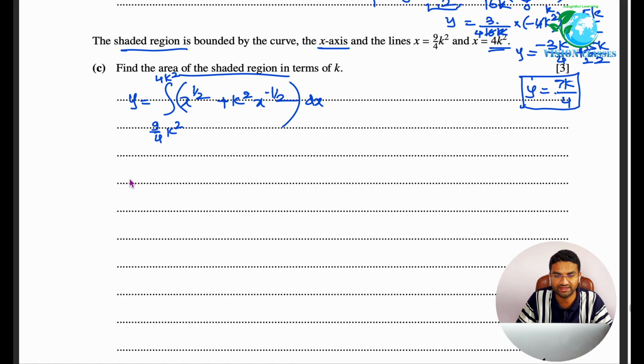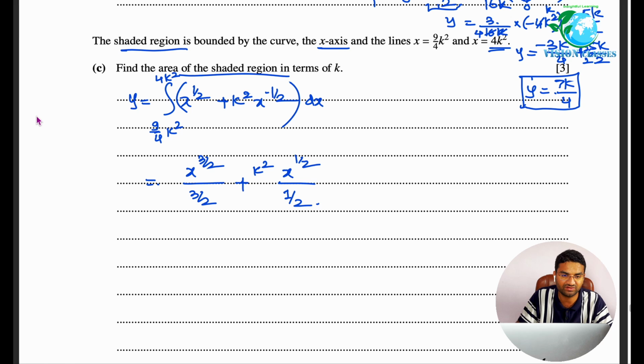And if you simplify this integration, you will get x raised to 3 by 2 upon 3 by 2 plus k square x raised to 1 by 2 upon 1 by 2.